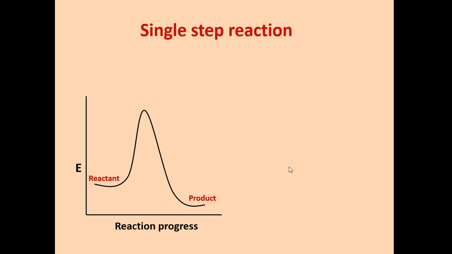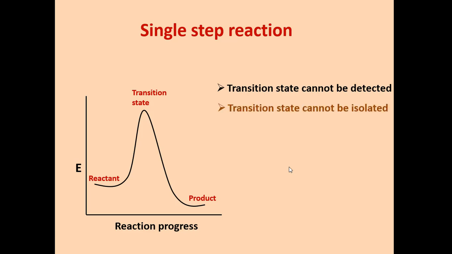In between that of the reactant and product, you find a maximum in energy which corresponds to what is known as the transition state. Remember, the transition state cannot be detected by any methodology, and it cannot be isolated and characterized.